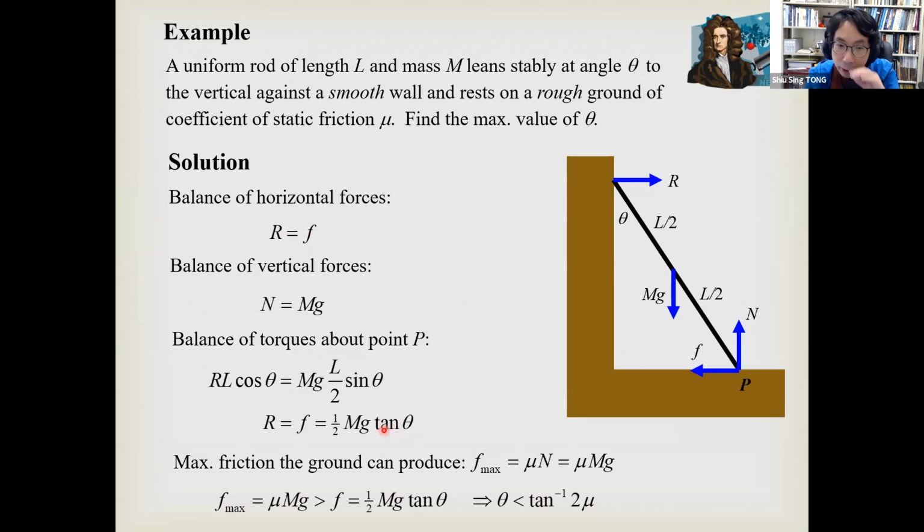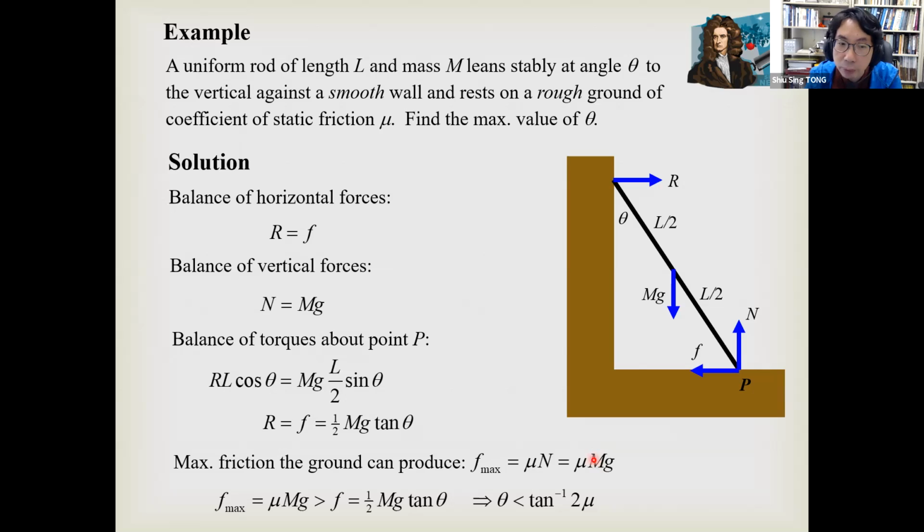But I also know that in order for the equilibrium to occur, the frictional force must be smaller than the maximum friction. The maximum friction is equal to the coefficient of friction multiplied by the normal reaction force N. But N is equal to mg, so that must be equal to mu mg.